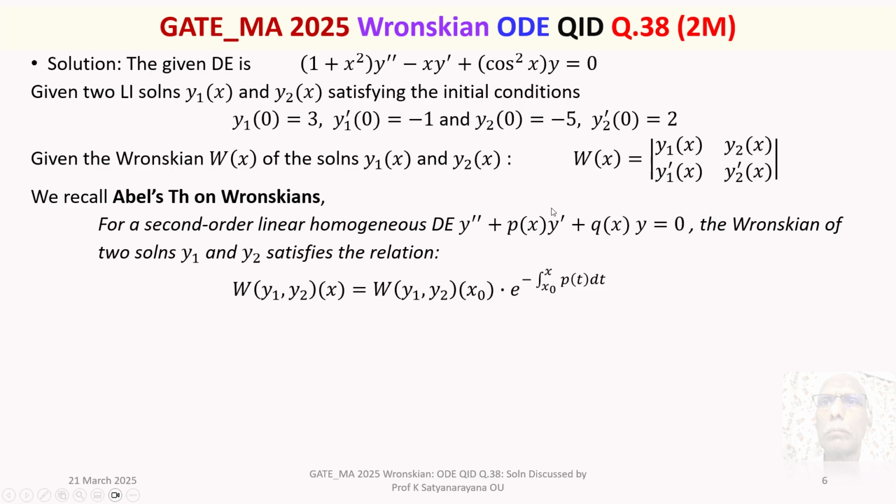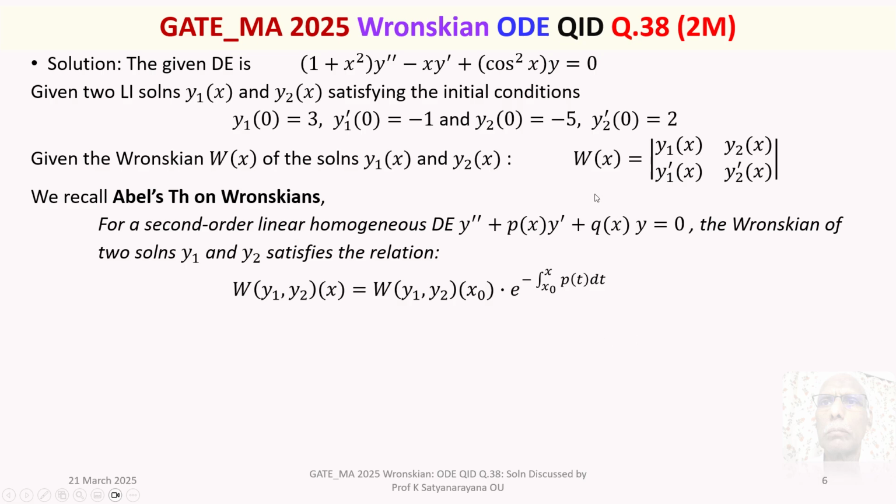If the coefficient of y double prime is not 1, make it 1, then take the coefficient of y prime as p of x. This is Abel's theorem on Wronskians.